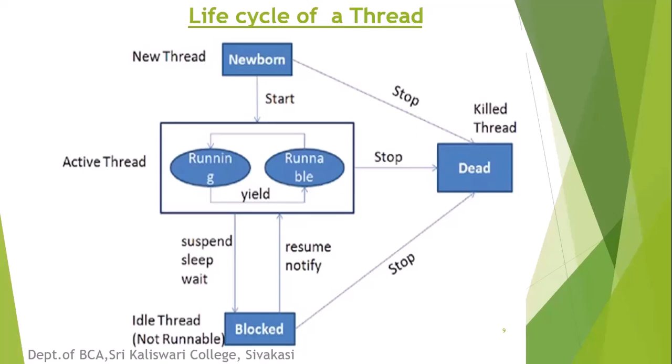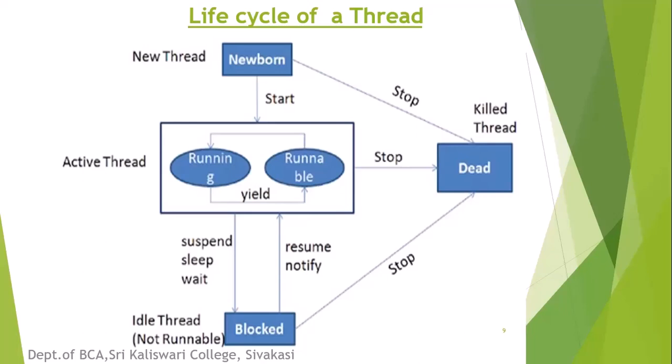Suppose two threads have equal priority, which one will execute first? If both threads want to execute, some rule is applied, that is first come first serve: whichever thread comes first will be executed.